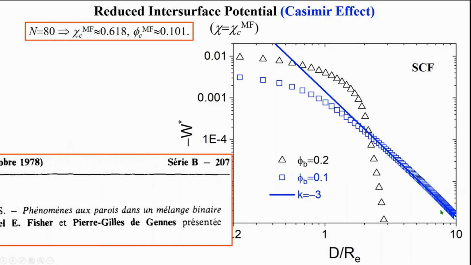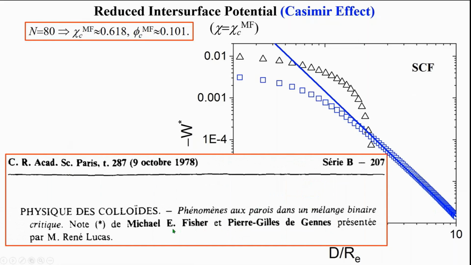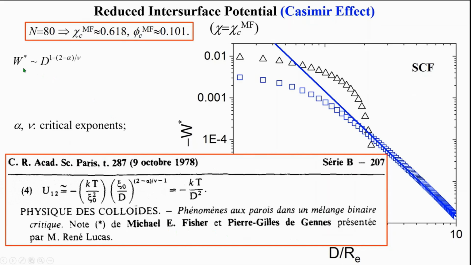This is the Kashmir effect due to thermal fluctuations, first proposed by Fisher and de Gennes. According to their equation number 4, W star scales with d to this power at the critical point, where alpha and nu are the critical exponents.